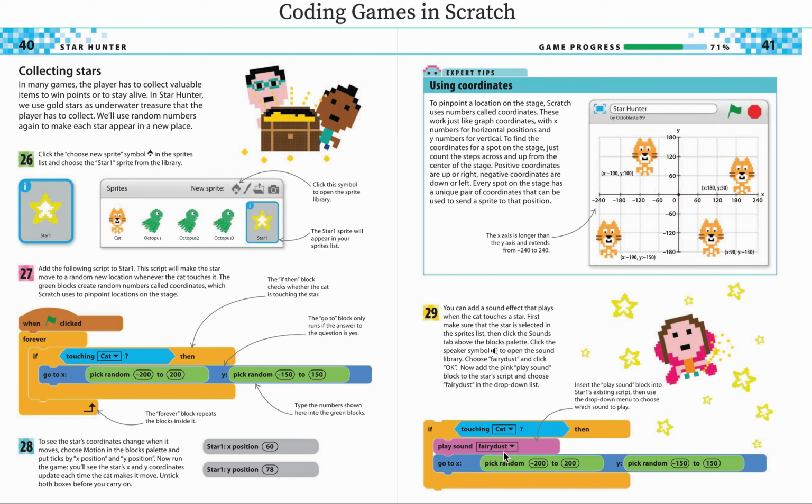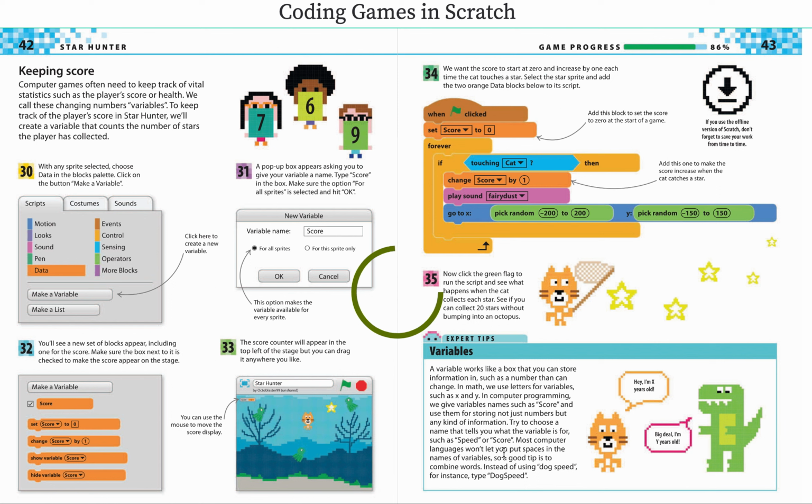So you use a random number to make each star appear. This is how you make the star appear. You want the star to appear randomly at an xyz position. And it only appears when you're touching the cat in this scenario. That's how we are saying that it should appear.